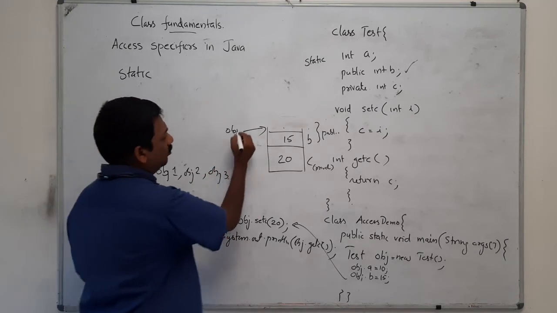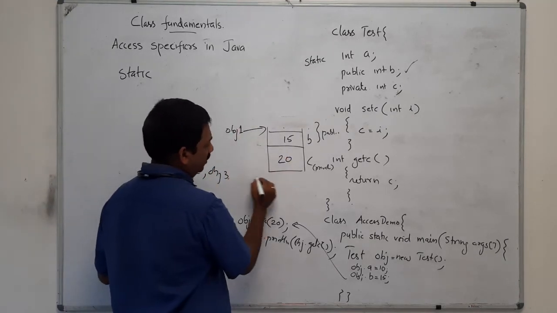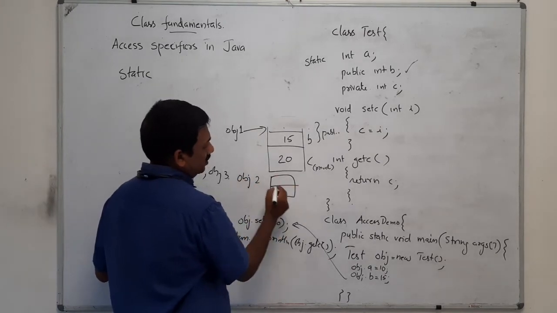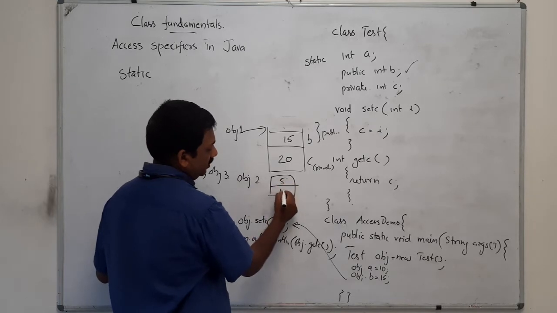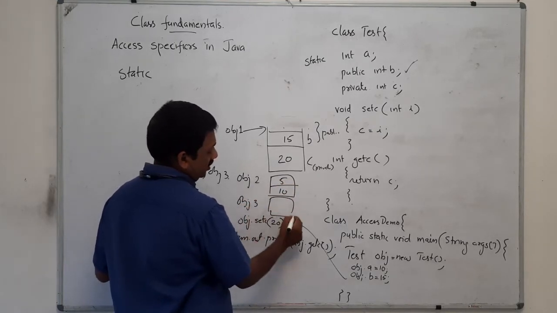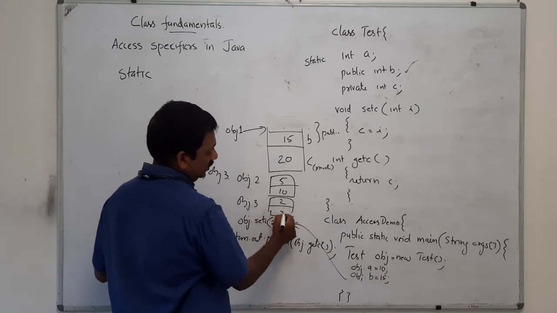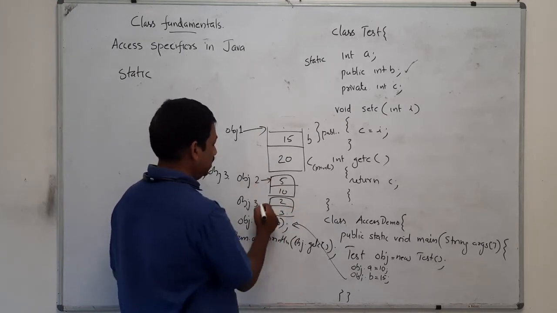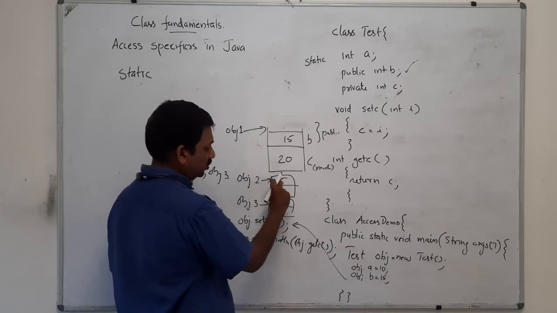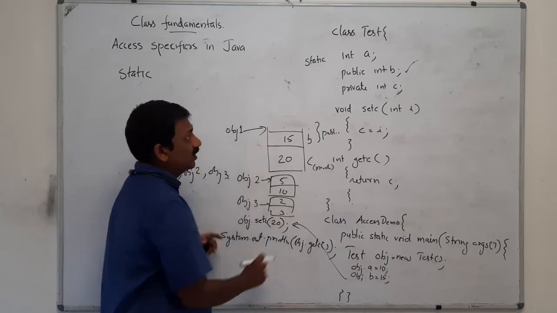Then obj1 has 10 and 15, obj2 has another two variables, say 5 and 10, and obj3 again has two variables, 2 and 3. That means obj1 points to this object, obj2 points to this object, and obj3 points to this object.